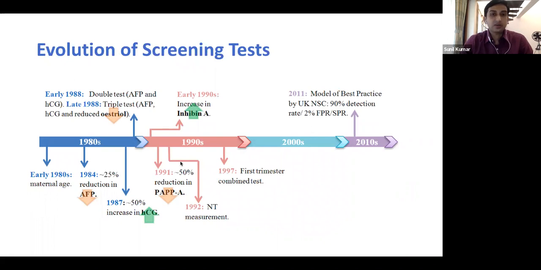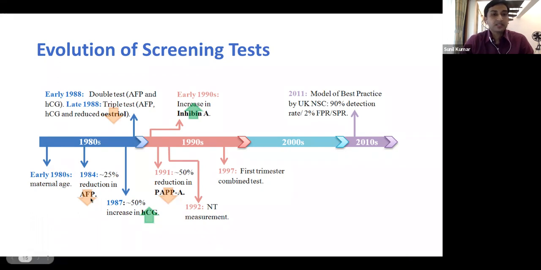The screening tests evolved. You can see this bar. The screening test started as early as 1980, almost 32 years ago. At that time maternal age was the only thing considered to know whether the baby is at high risk of chromosomal abnormality.